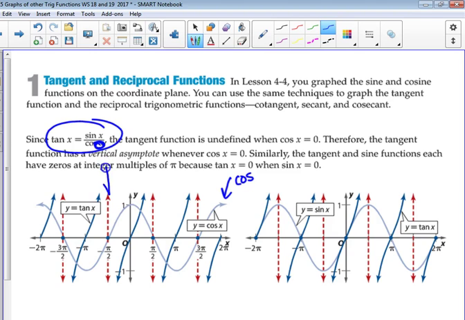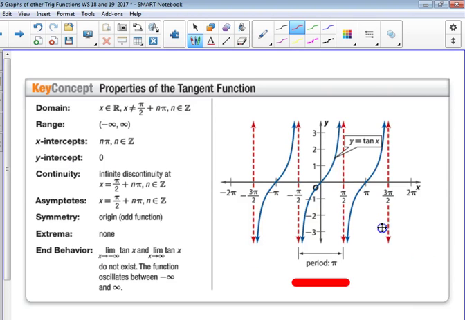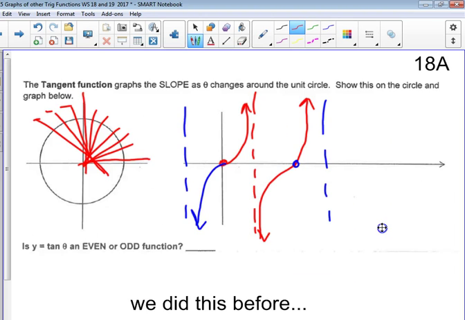So there would be an asymptote everywhere that cosine was at 0. On the other hand, if you graph the sine graph, everywhere that it hit 0, what would happen? It'd be 0. So everywhere that the sine graph here, this one, is 0, the tangent is also 0. Just another way to kind of help you understand why it's doing what it's doing at different points.